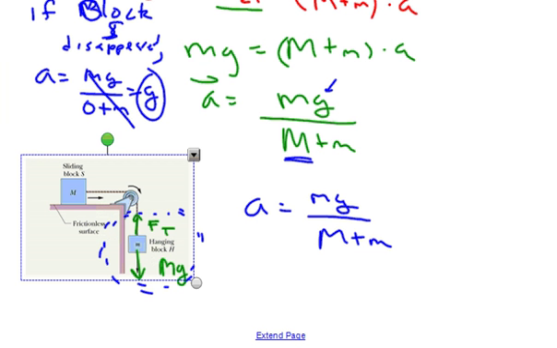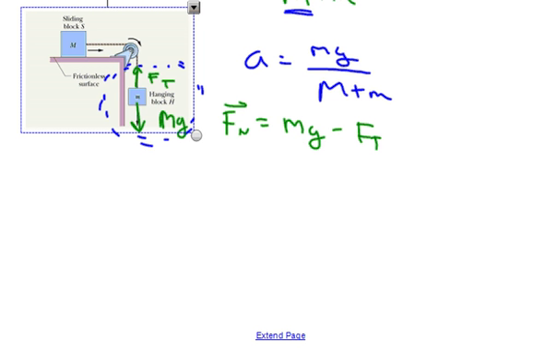Because now what we know is that the net force on just block H equals the force of gravity minus the force of tension. And the net force results in a mass times acceleration. So the net force is our mass times acceleration, which is m times mg over big M plus little m.